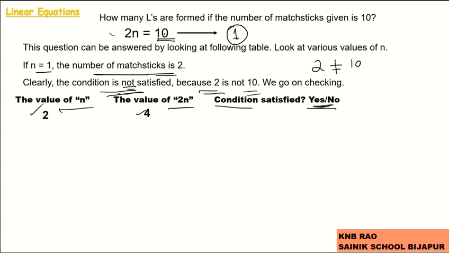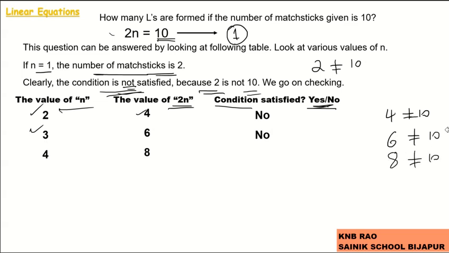This 4 is not equal to 10, so obviously no. Similarly, when n equals 3, then 2n equals 6, and again 6 is not equal to 10, so the condition is no. Let us see for n equals 4: then the 2n value is 8, and 8 being not equal to 10, the condition is again not satisfied.